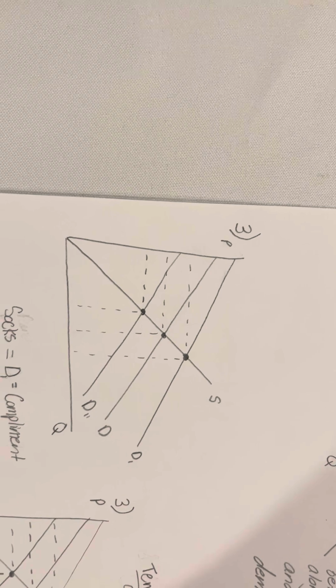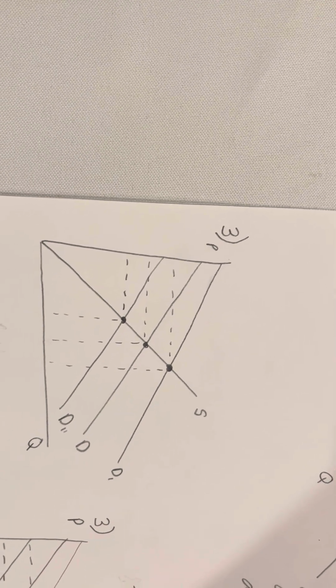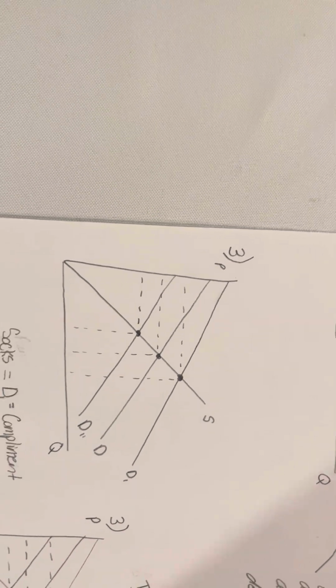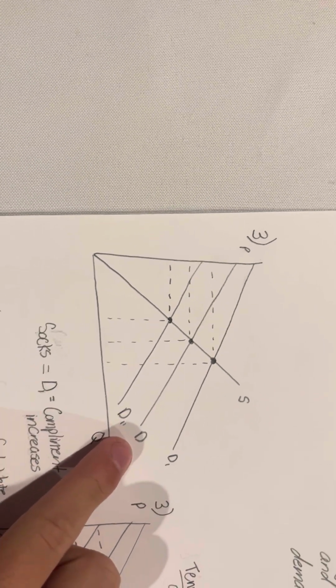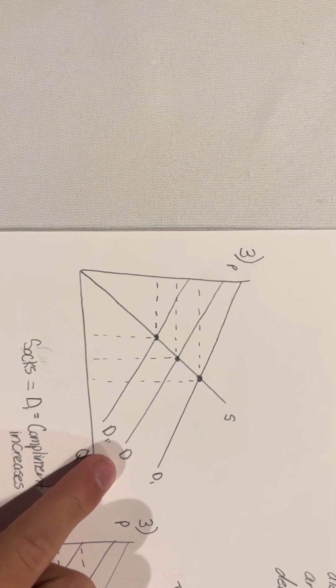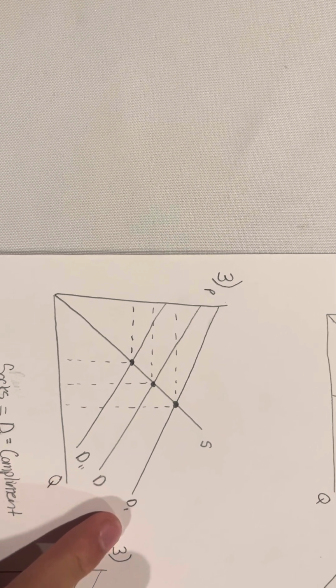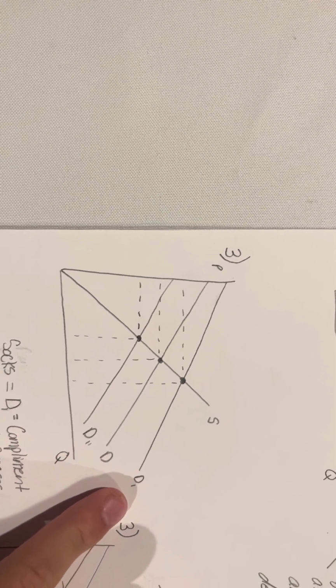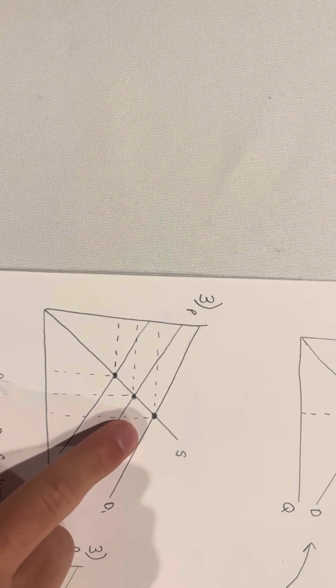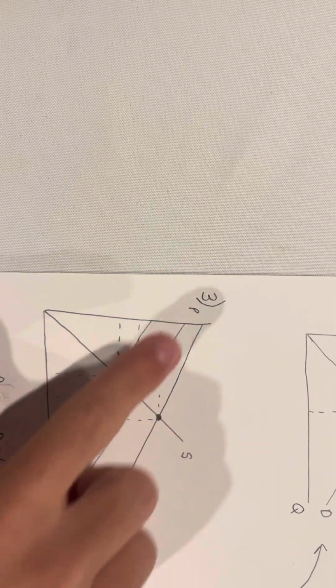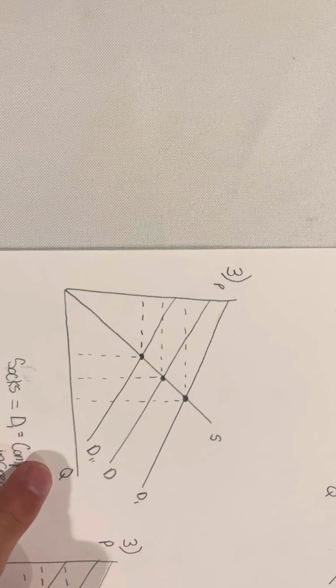Okay, so now we're going to talk about increase and decrease of quantity demanded. So we have D here, which is our standard demand curve. D prime is an increase in demand. So we have a new equilibrium point, and an increase in demand will lead to an increase in price and an increase in quantity.